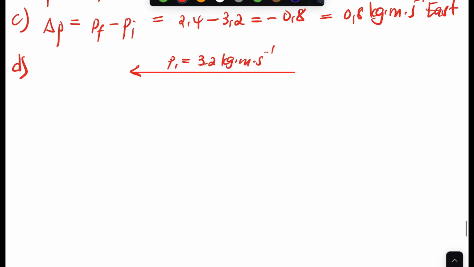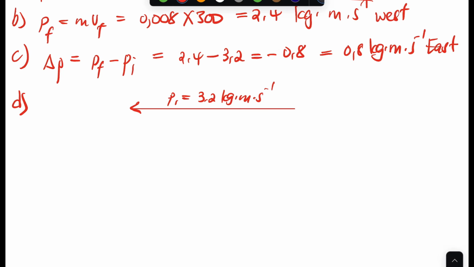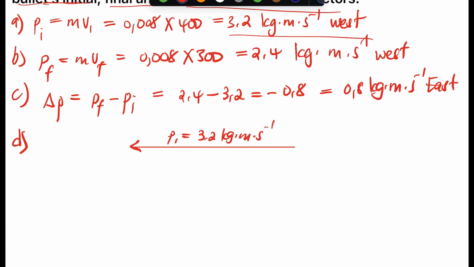And then after drawing the initial, we draw the change. The change is 0.8, and it's 0.8 west. Let me use another pen. The 0.8, let's say it's like this. This is the change. And then finally we draw the final.